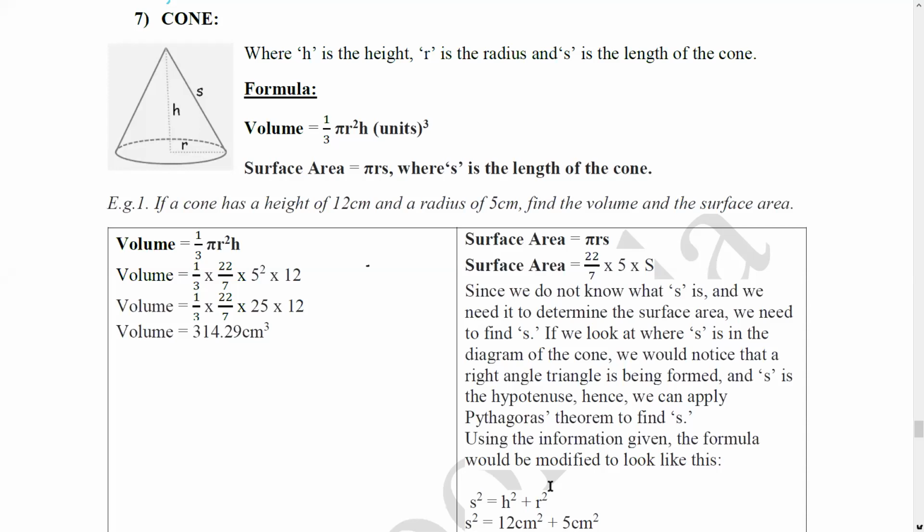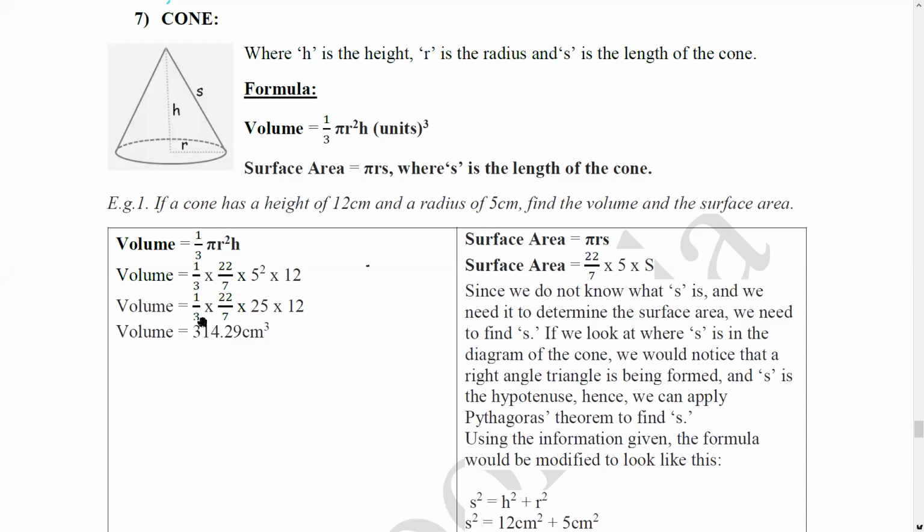Okay. So volume is 1/3 pi r squared height. That is the given formula. You need to know this, right? I don't think there's any formula sheet. So 1/3 by pi, which is 22/7, by r, the radius, and they give us the radius as 5, and the formula is r squared. So it's 5 squared multiplied by 12.